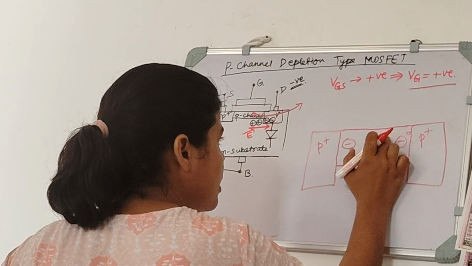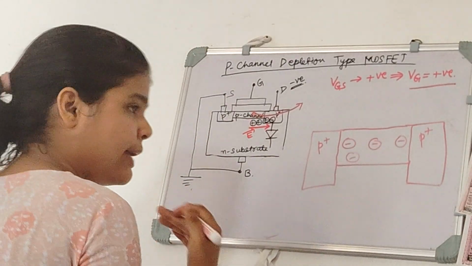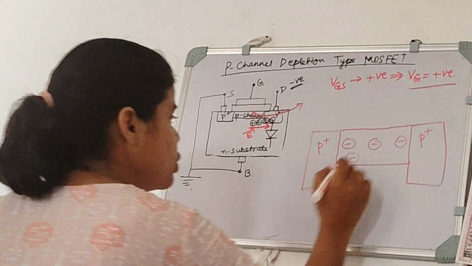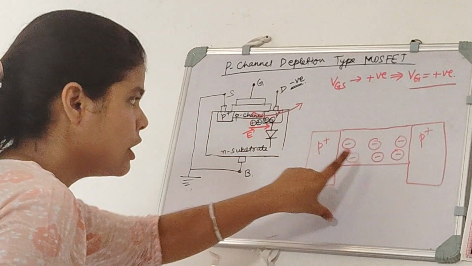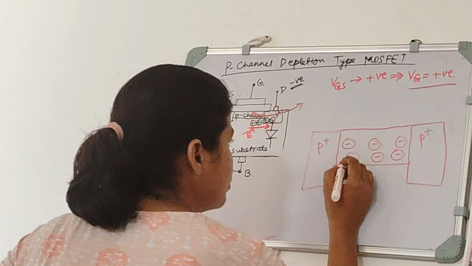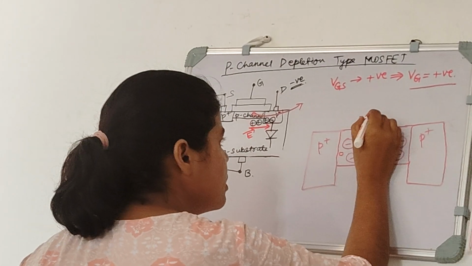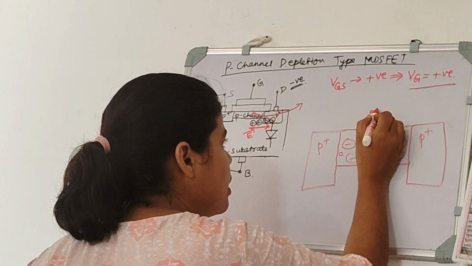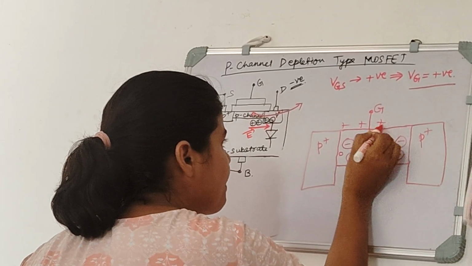Now since most of the holes are recombined with the electrons of the substrate, so we will just show the negative ions. And now suppose even if there are some holes left in the channel, what will happen?